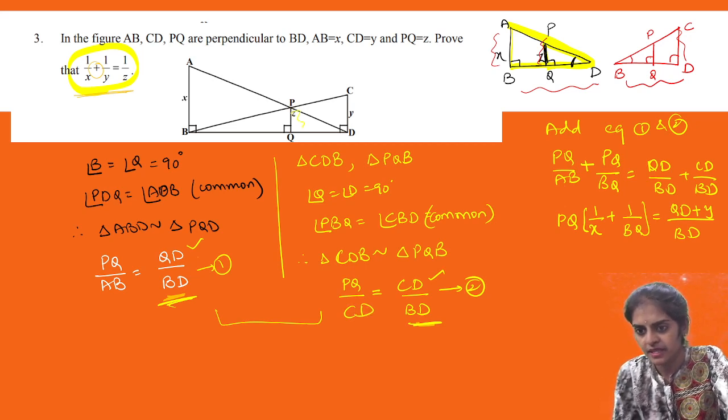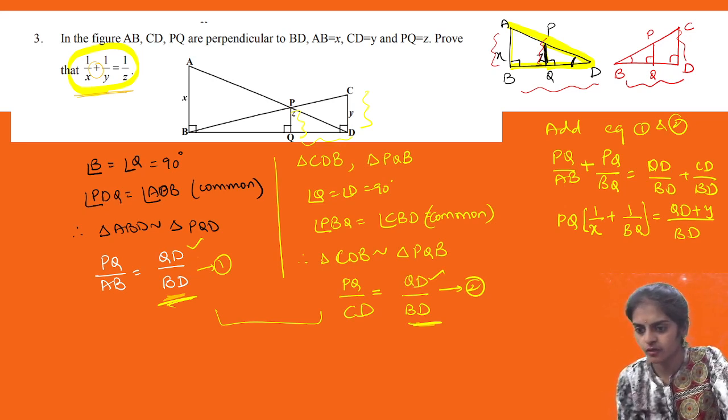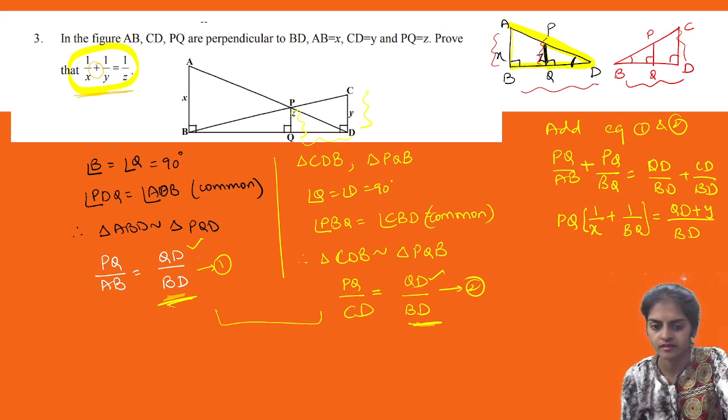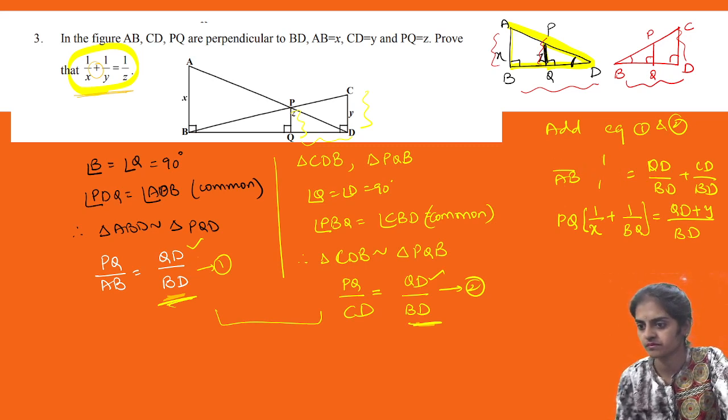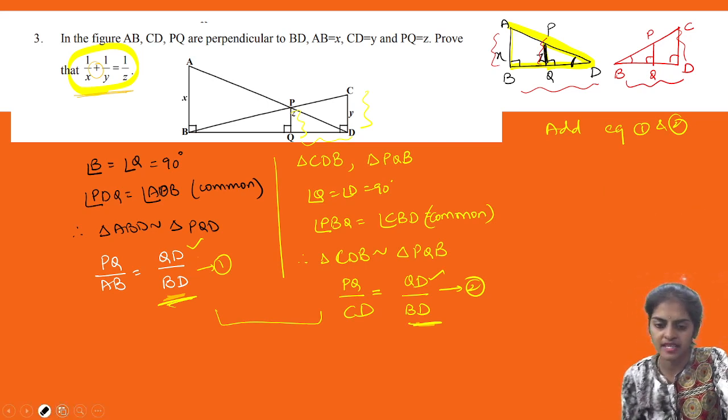It will be PQ by CD is equal to QD by BD. I wrote a mistake here. I'm so sorry. And I have taken the triangle similar only. I have done a mistake here. Please excuse me for this. Let me explain you once again.